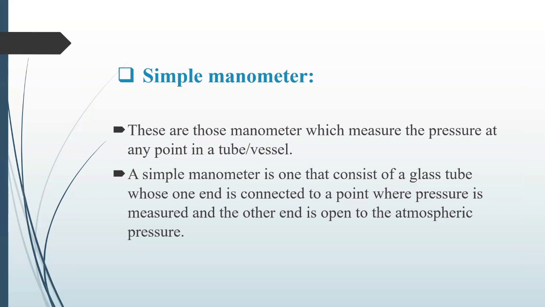A simple manometer consists of a glass tube whose one end is connected to the point where pressure is to be measured and the other end is open to the atmospheric pressure. We will understand this with a diagram.